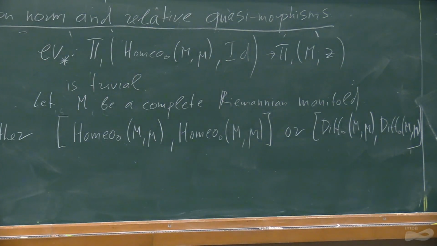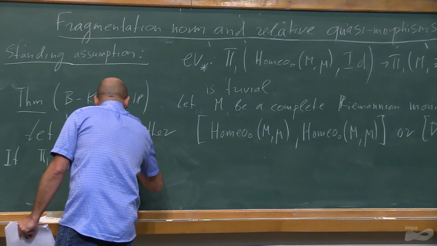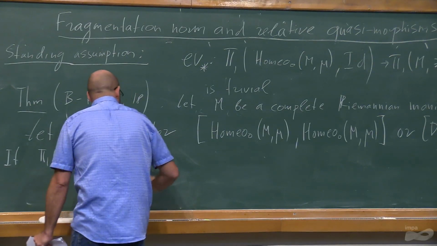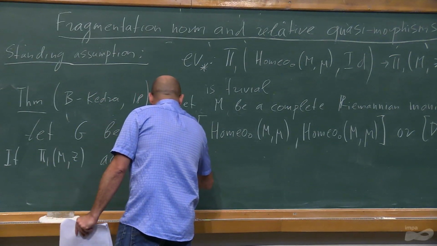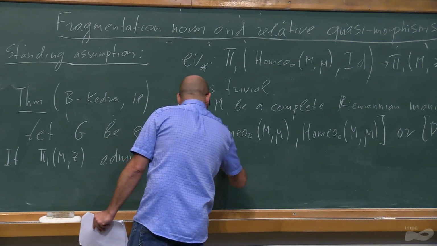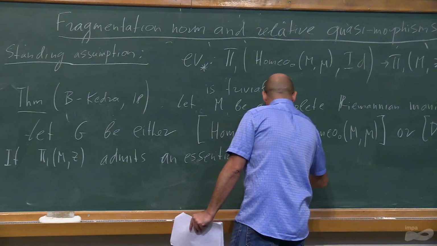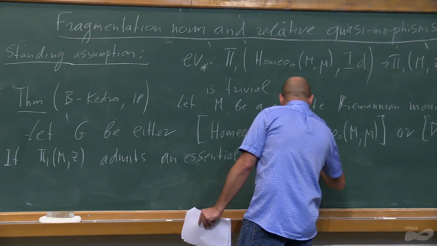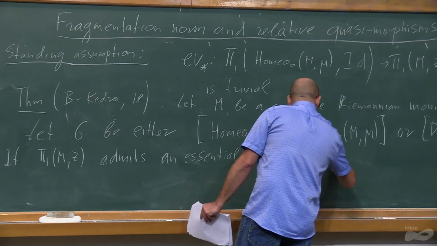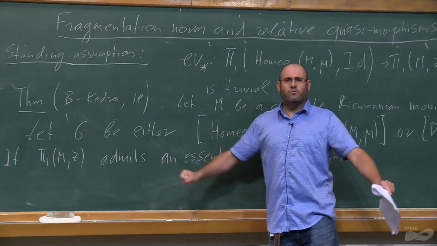So then if pi 1 of M, z, admits an essential quasimorphism, which means just that it is not a homomorphism. This is only what it means.